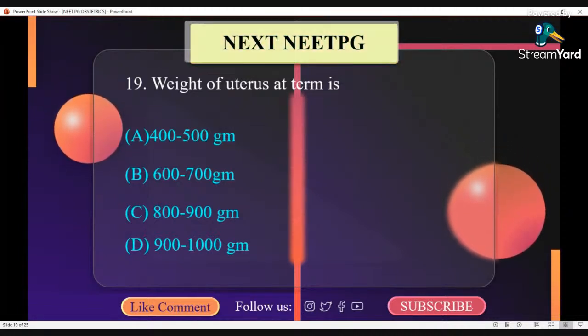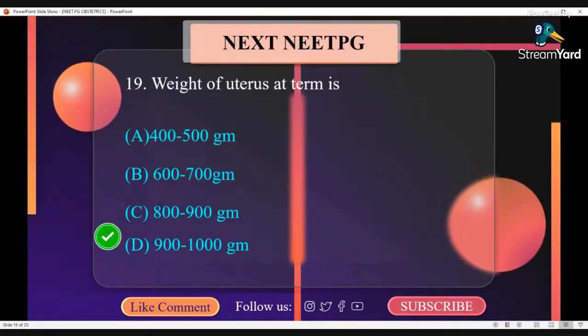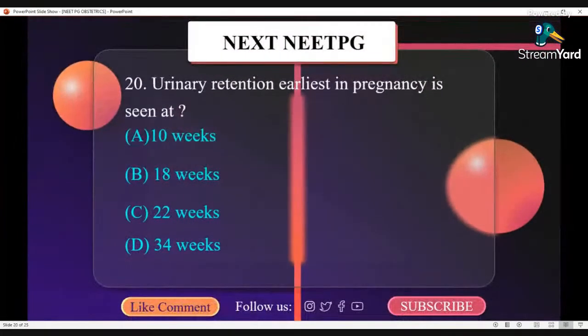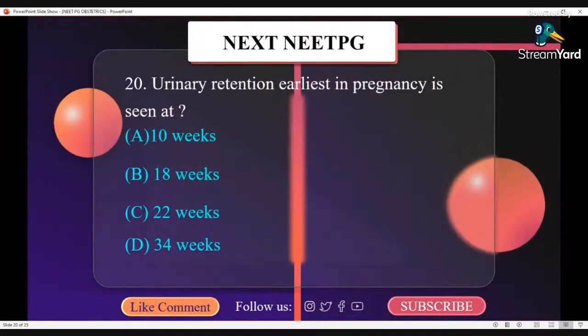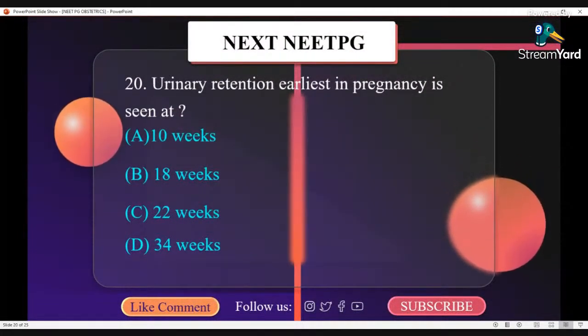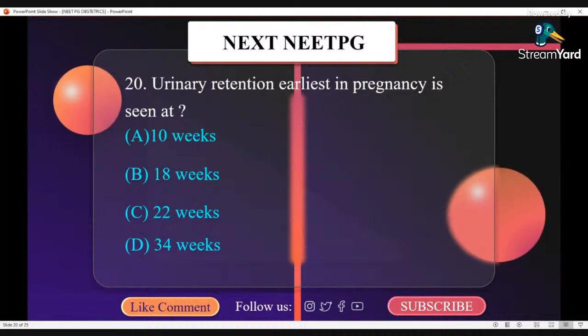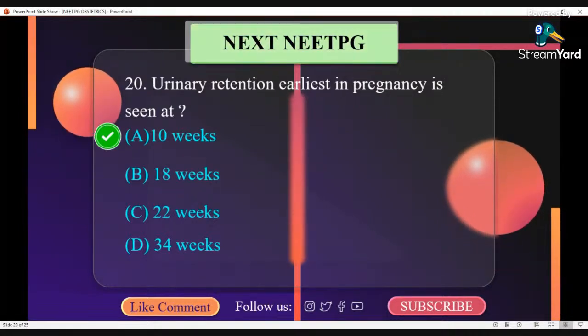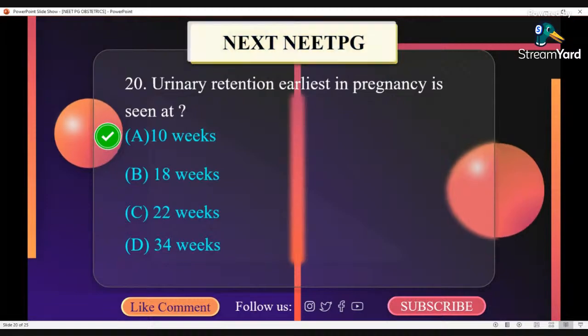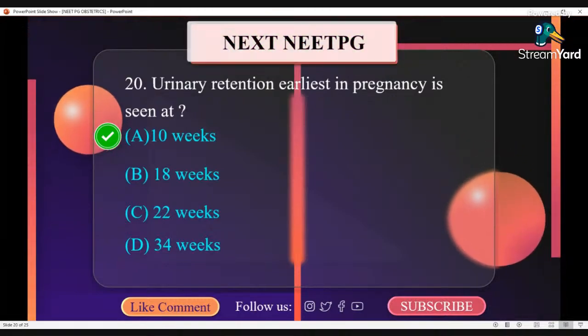So the correct option here is D, 900 to 1000 gram. Urinary retention earliest in pregnancy is seen at. Now, urinary retention usually occurs at 10 weeks. So the correct option here is 10 weeks.